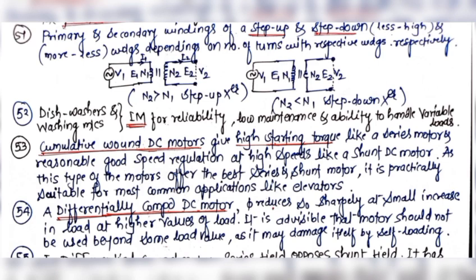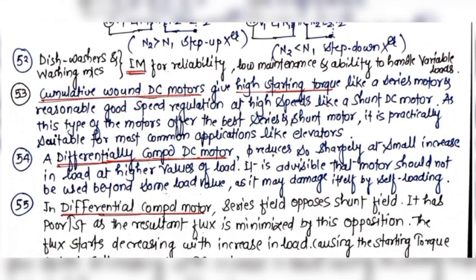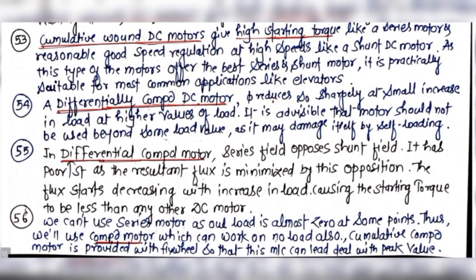Cumulative compound wound DC motors give high starting torque like a series motor, and reasonably good speed regulation at high speeds like a shunt DC motor. As this type of motor offers the best of series and shunt motors, it is practically suitable for most common applications like elevators.